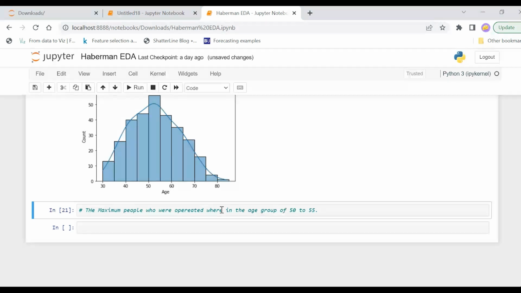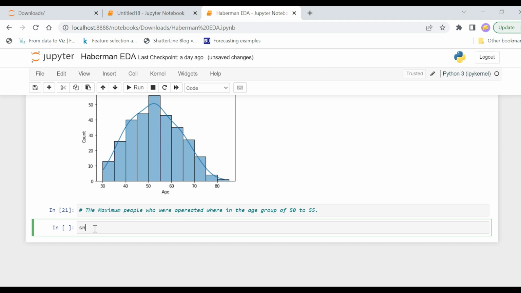Now, I also want to understand the proportion of people. From here I know that the maximum people were 50 to 55 years of age. But suppose I am doing a CDF plot.